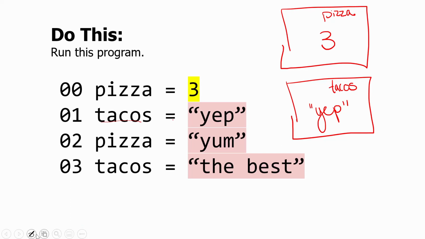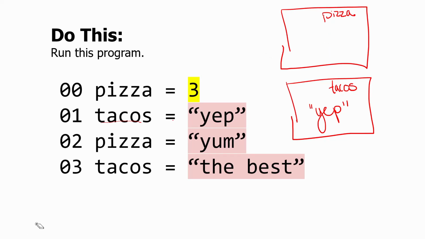So what I have to now do is I'm going to go in, I'm going to erase that 3 out of pizza, and I need to put the value of yum inside. Okay. Now notice the 3 is gone. Don't even remember that 3 was inside a pizza. The next line, I'm now going to change tacos' value, and it's assigned the best.